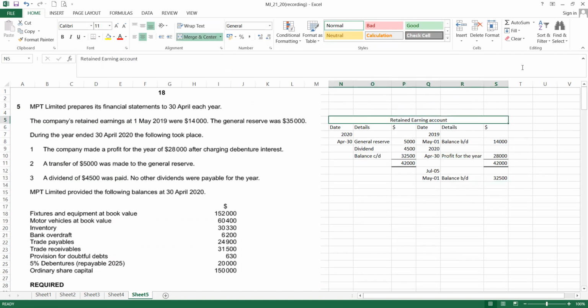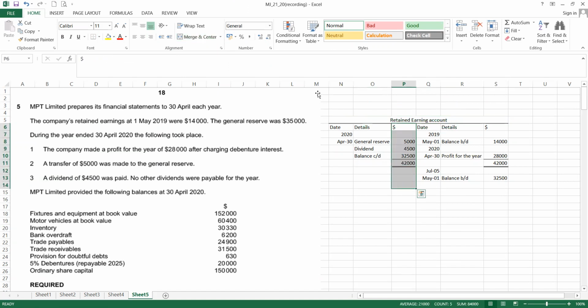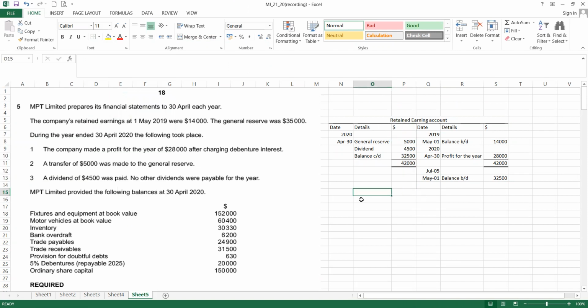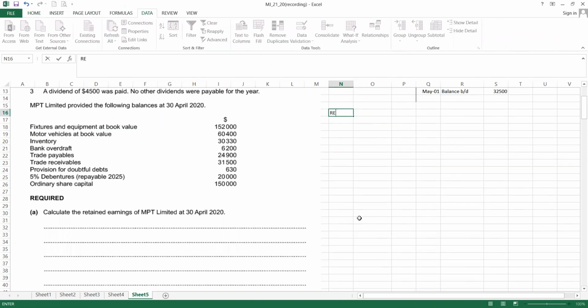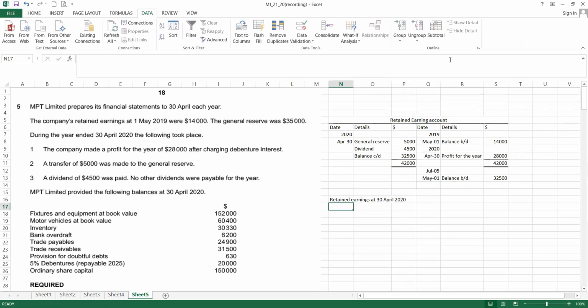Since this is a T account, now I'm showing you the calculation method. You have to write the information they give here. Retained earnings at 30th April 2020. Start with the balance brought down first.